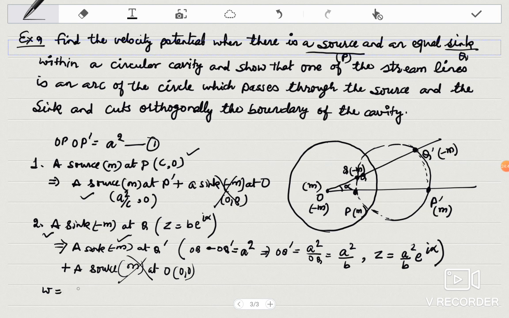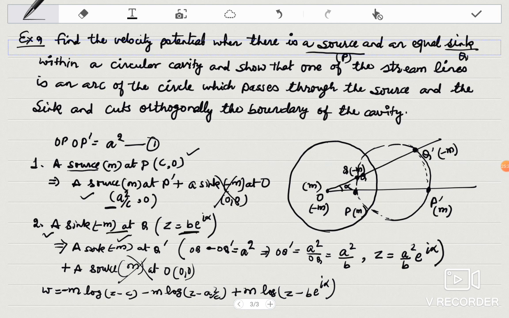W is equal to M log (Z minus C) for this source, then minus M log (z minus a square upon c) for this one, M log (z minus b e raised to the power I alpha) for this one, and plus M log (z minus a square upon b e raised to the power I alpha).